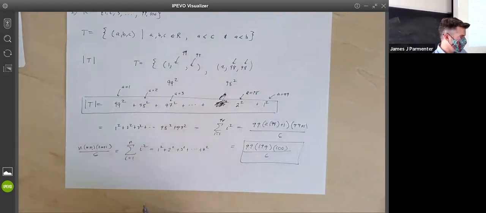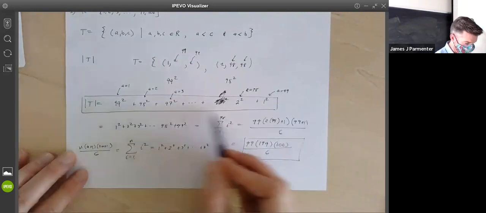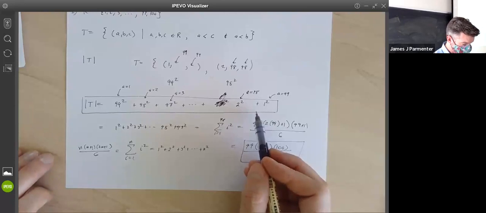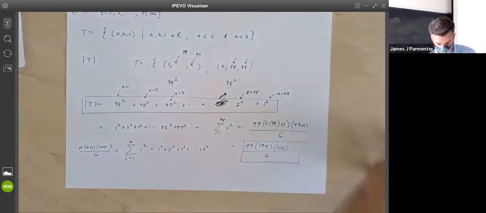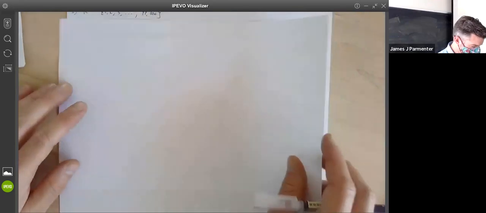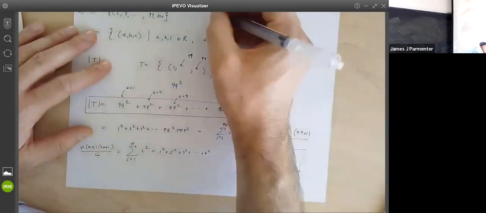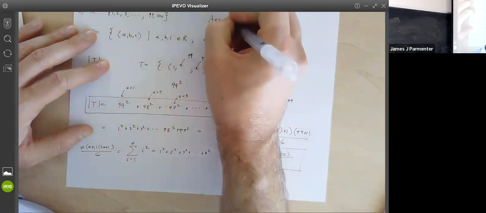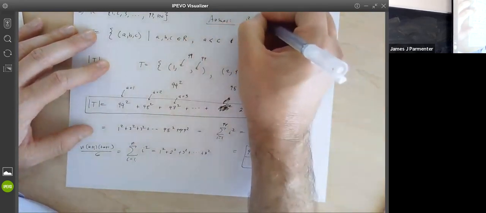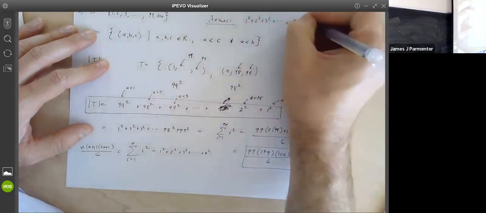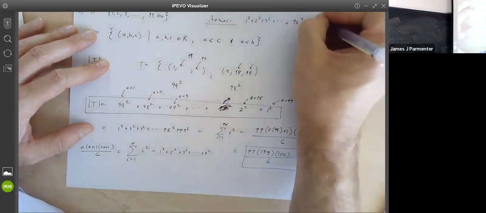Other questions? If I were doing this problem on a test, I would stop here. Now, you might ask Dr. Liddell just in case he has different ideas, but I think a perfectly acceptable answer for this problem would be 1 squared plus 2 squared plus 3 squared plus all the way to 98 squared plus 99 squared.